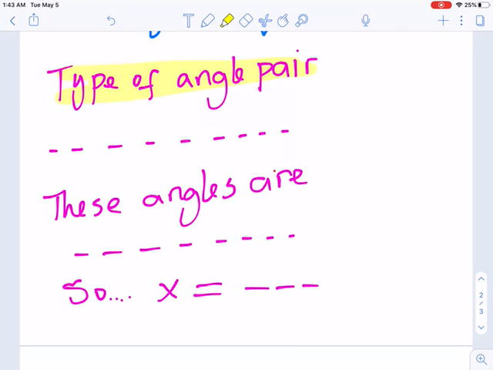Whether it's corresponding, alternate interior, alternate exterior, same side, whatever the angle pair is, write it down here for me. Then you will tell me these angles are, so what are their relationships? Are they congruent or are they supplementary? Then you can tell me what X equals. This is what I need you to do in the next couple of slides.